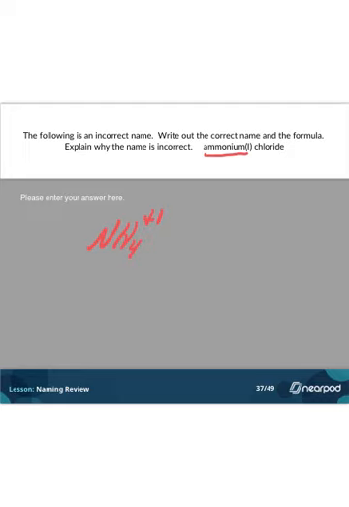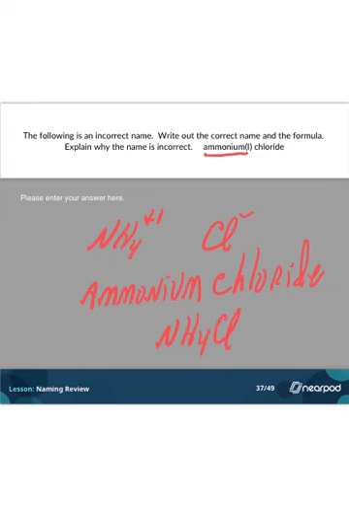The 1 is redundant, and I don't need it. And then chloride would be Cl minus. So the real name would be ammonium chloride, because the 1 is unnecessary in this, and it would be NH4Cl. So these would be your answers for that one.